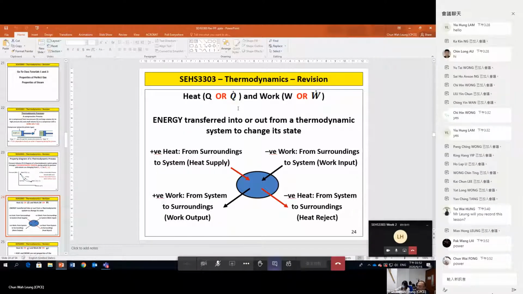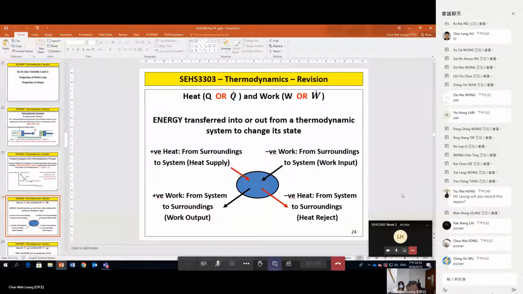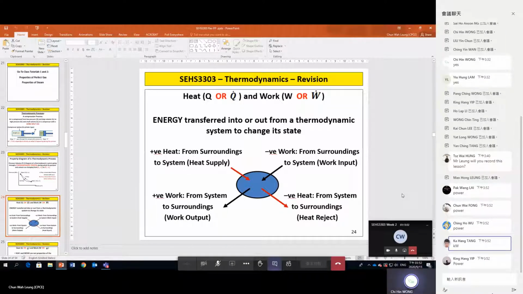Can someone tell me, what is that? What do we call? Come on. 2 marks question. Rate of heat. Yeah, kilojoule per second, how do we call? Kilowatt, right? Kilowatt.